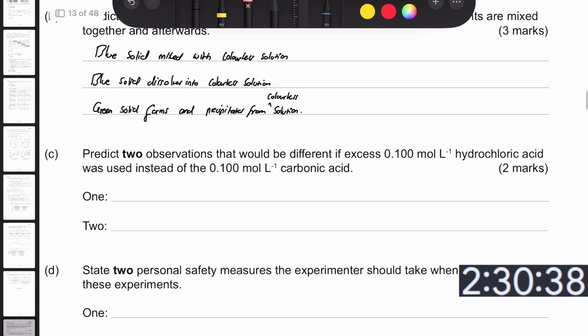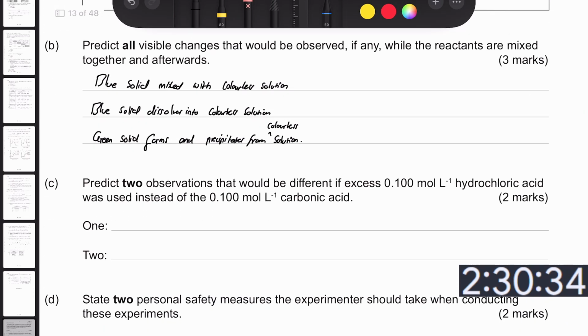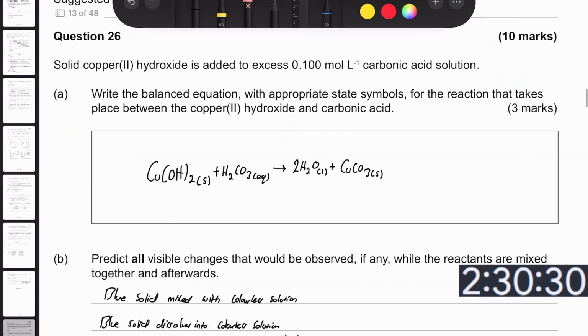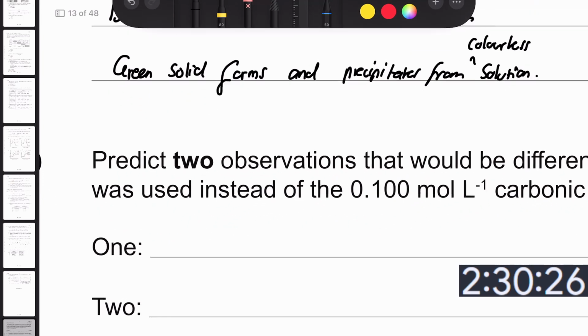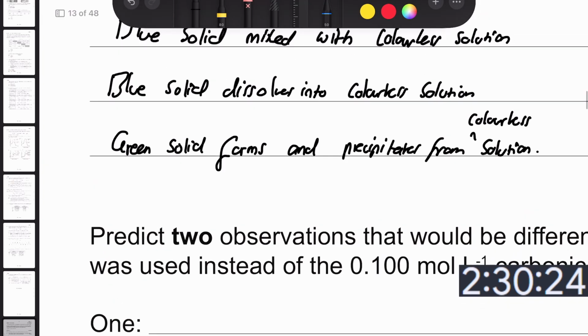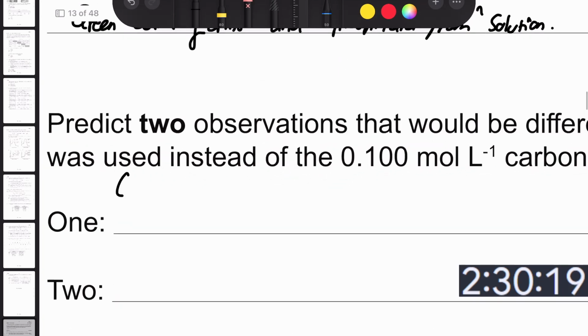Predict 2 observations that would be different if excess 0.1 hydrochloric acid was used instead of the carbonic acid. Well, let's just write the equation: Cu(OH)2 plus HCl.